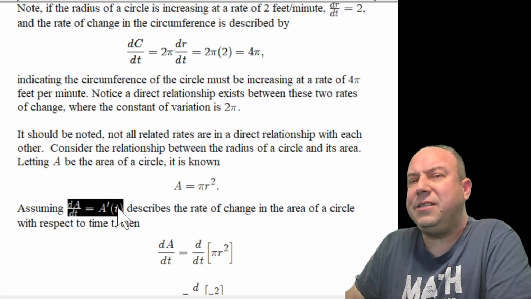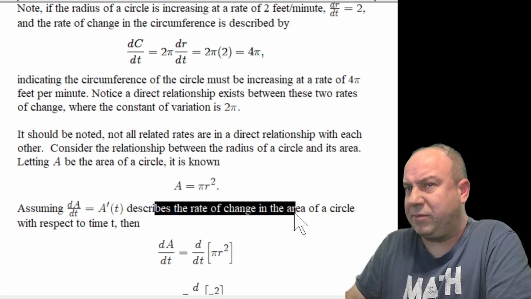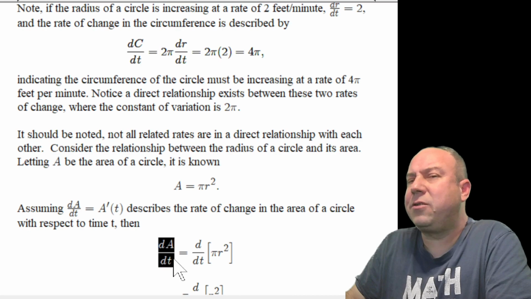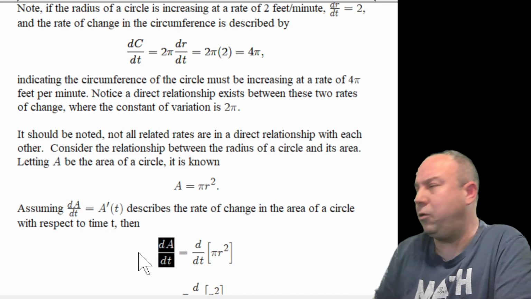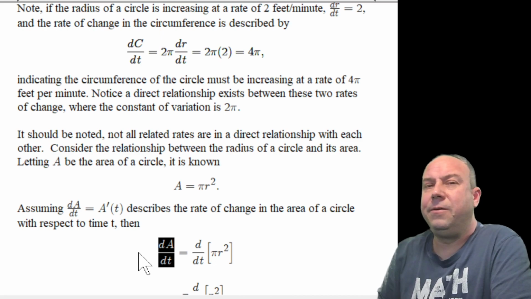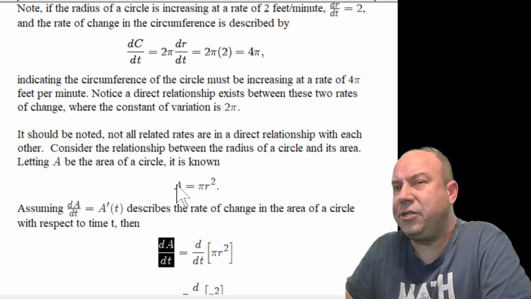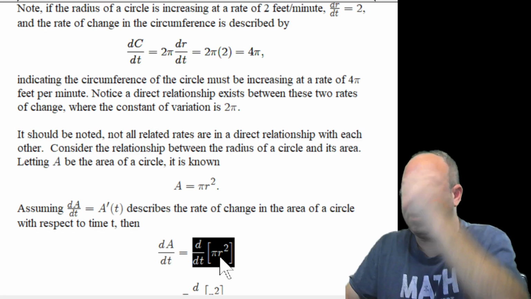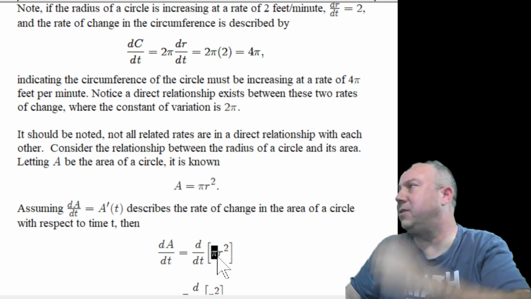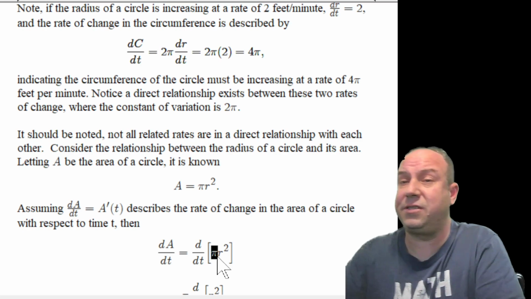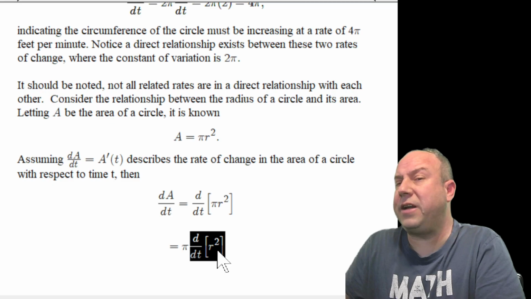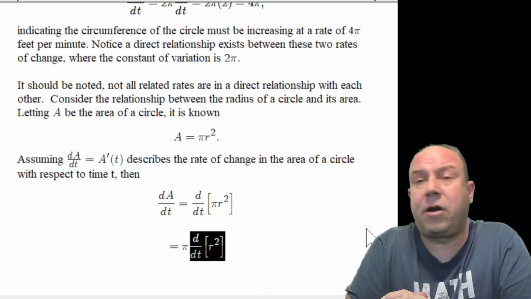Assuming dA dt is equal to A prime at t, which describes the rate of change in the area of the circle with respect to time t, I can apply the derivative operator d dt to the value of A on the left-hand side of this relationship, which means I apply it to the right-hand side. When applied to the right-hand side, the value of pi is a constant multiple and factors itself out of the application. We're left with finding the derivative with respect to t of the value of r squared.